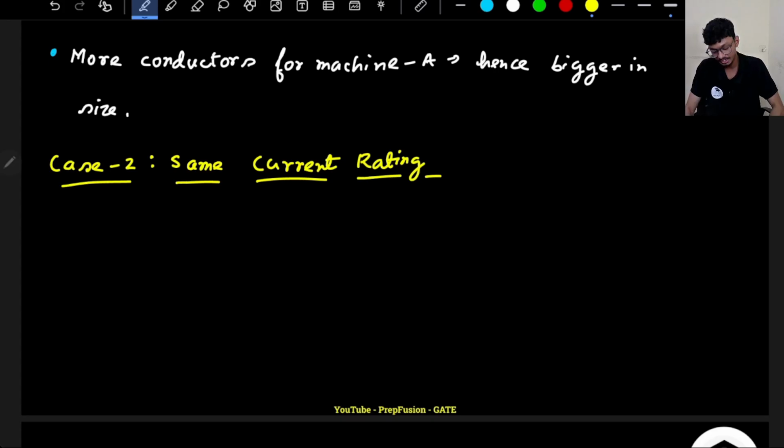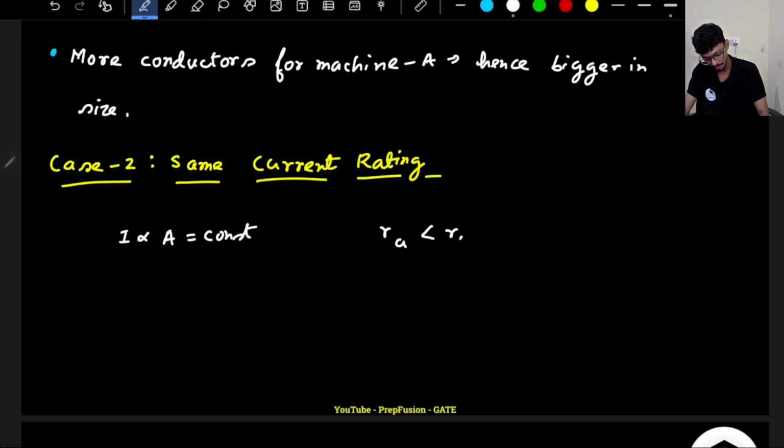So if there is the same current rating, what I told you is that current is proportional to the number of parallel paths, right? So I is constant, so A will be constant, right? Again, what information do I know? I know that RA is less than RB, right? RA of machine A is less than RB of machine B, correct?